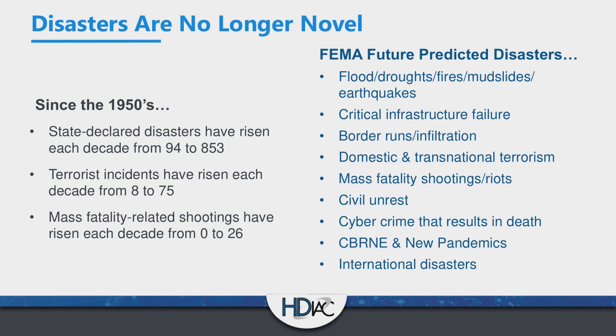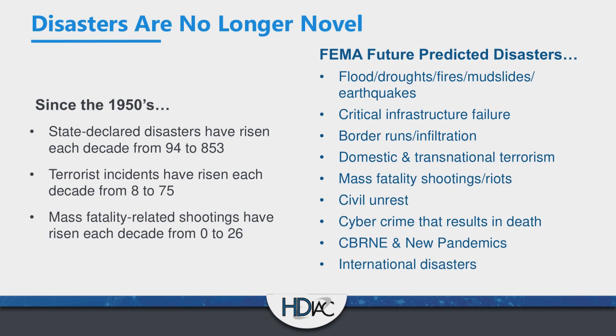What's interesting is that in 2011, FEMA did some futuring, and they published their predicted future disasters. Of course, the floods, droughts, fires, mudslides, earthquakes were all in there. Those are kind of our natural disasters. We get accustomed to those things.